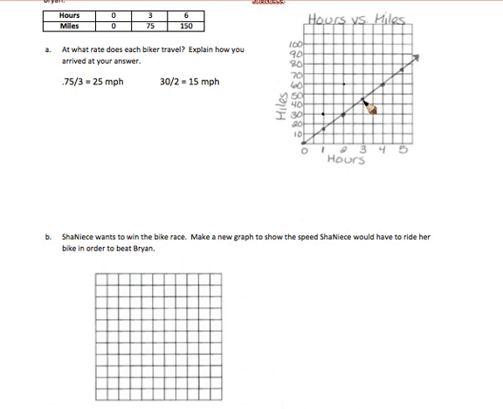On the third hour, that would be 3 times 30. Remember, our rate was 30. That's what we decided. And that would put her point right here. In the fourth hour, again, 4 times 30, which is 120. And that's going to take us all the way up to the top of our graph.